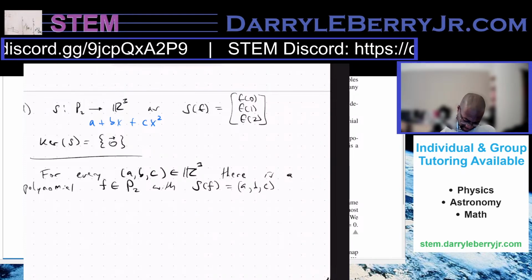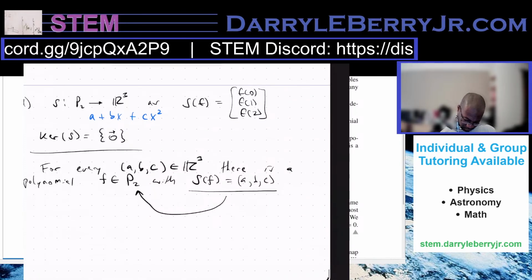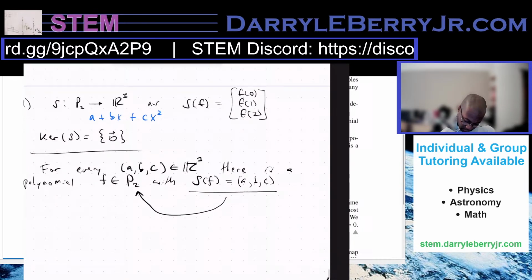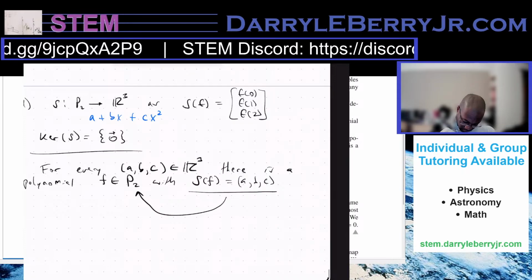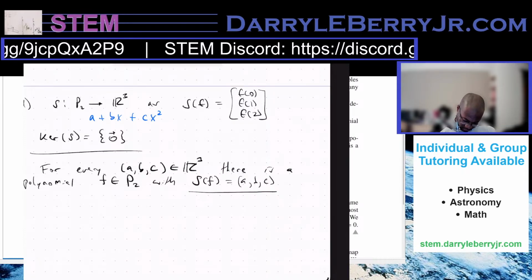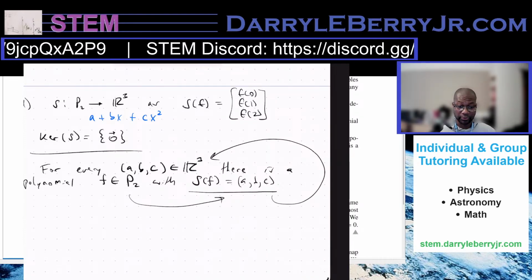So it's saying that for every vector, you can find a polynomial you can put into this transformation to get to this R3.